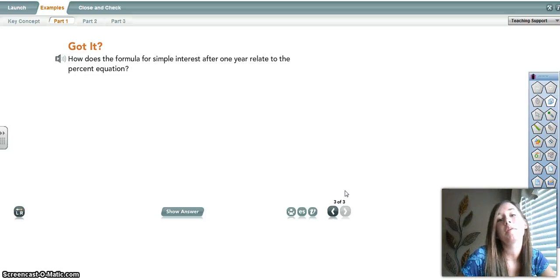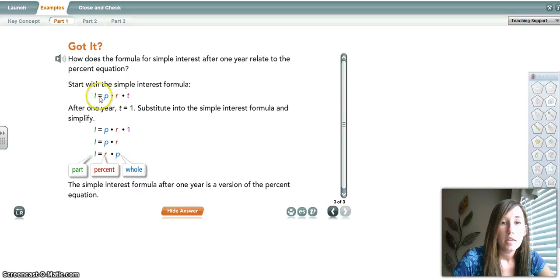How does the formula for simple interest after 1 year relate to the percent equation? Well, let's check it out. We have the formula P times R times T. If T is 1, then we would just multiply by 1, so it wouldn't do anything. It'd just be P times R. R is always a percentage, so it's our percent.